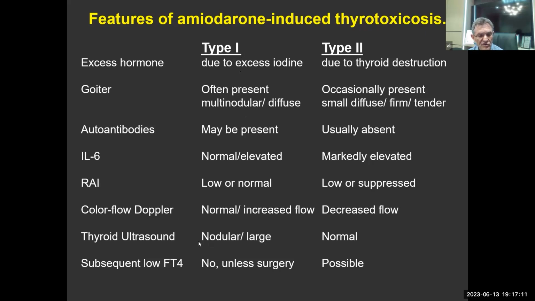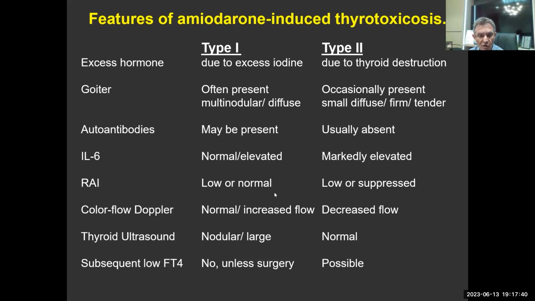And so on ultrasound, you'll find a very nodular and enlarged gland. On the other hand, in type 2, the amiodarone actually causes an inflammatory change and destroys the thyrocytes, and you get this destructive thyroiditis, where you get increased inflammatory markers such as IL-6. Again, the radioactive iodine or nuclear medicine scans are negative.